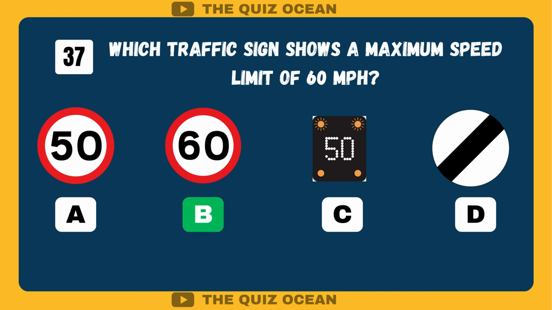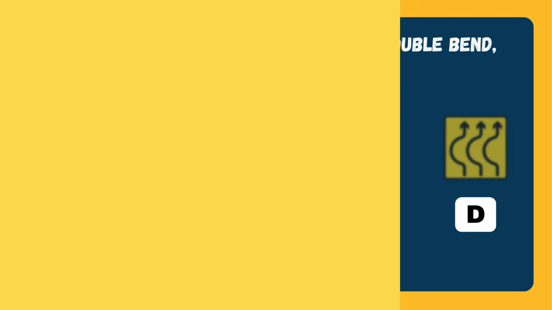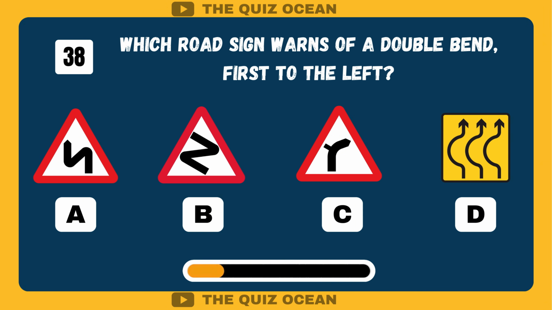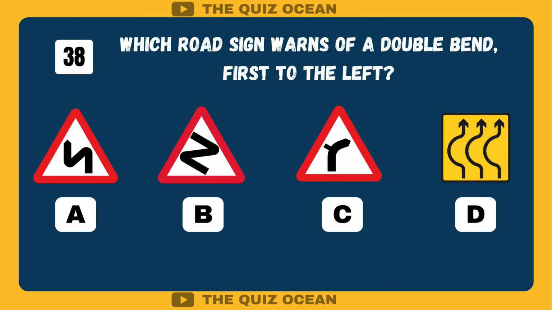The answer is B. Question 38. Which road sign warns of a double bend, first to the left? The answer is A.